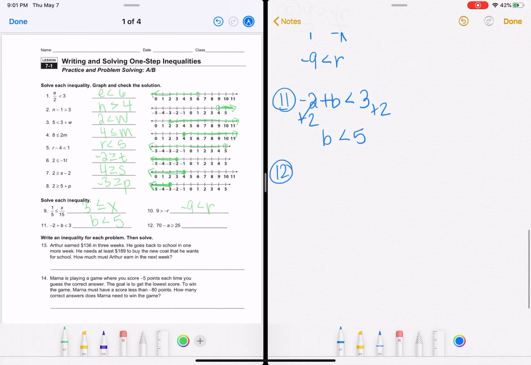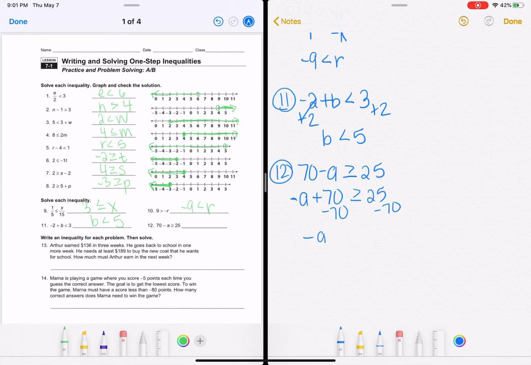And number 12, we have 70 minus a is greater than or equal to 25. So what I'm going to do is I'm going to switch the order. So I have -a plus 70. I'm going to subtract 70 from both sides.